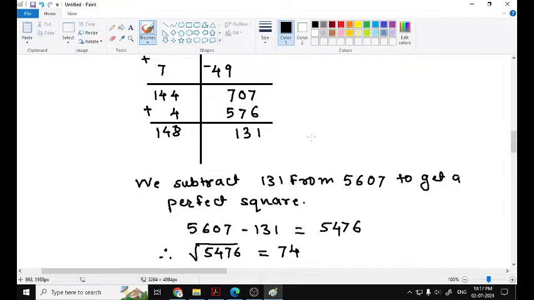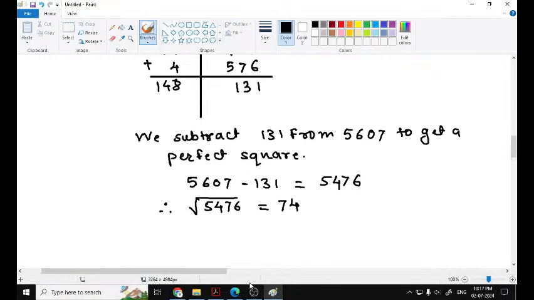So 74 should be subtracted from 5607 to get a perfect square.